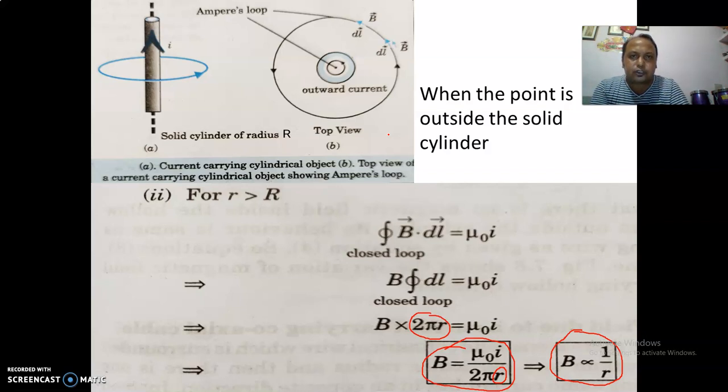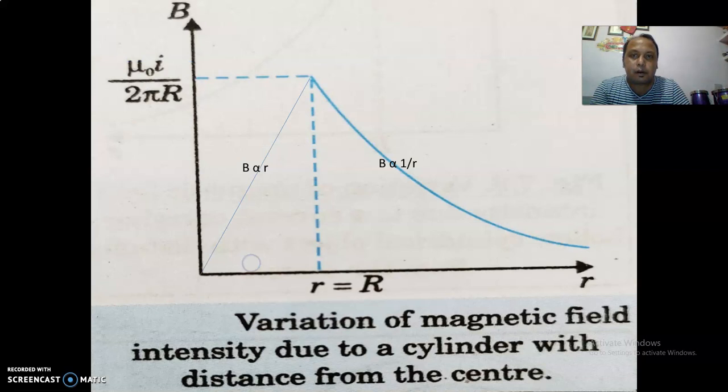Now let us draw a graph which shows the variation of this magnetic field as a distance from the center, which is given by small r. So let us see how it will be done. Look at the graph here.